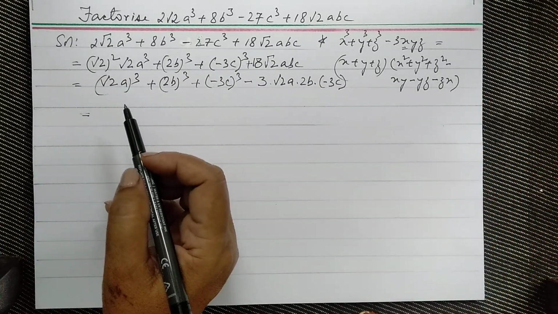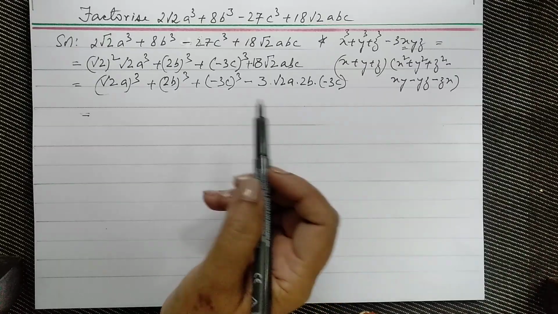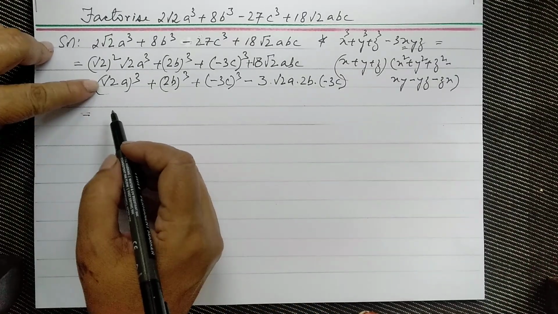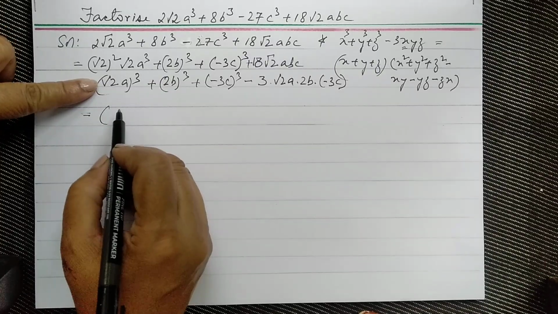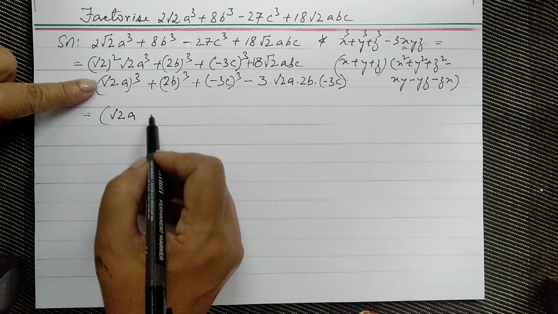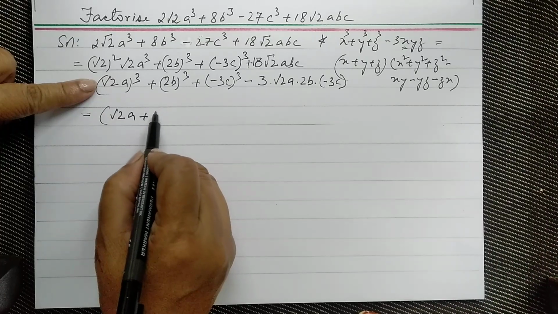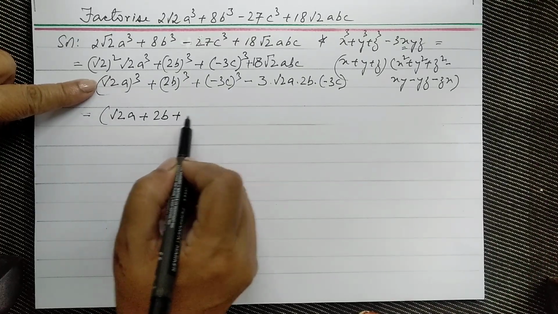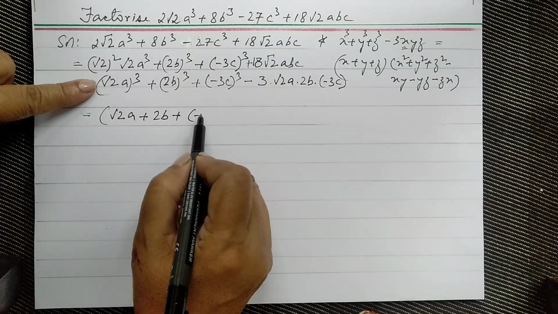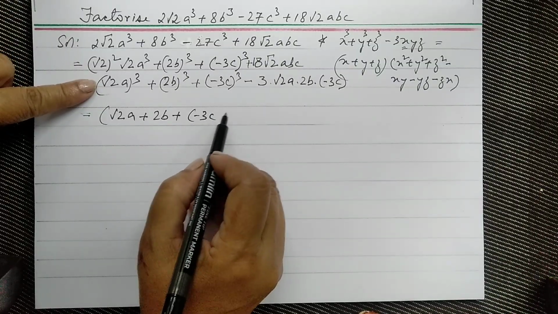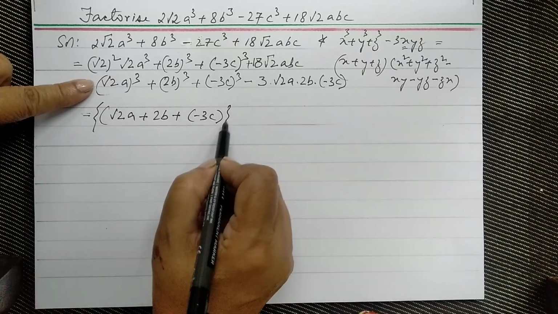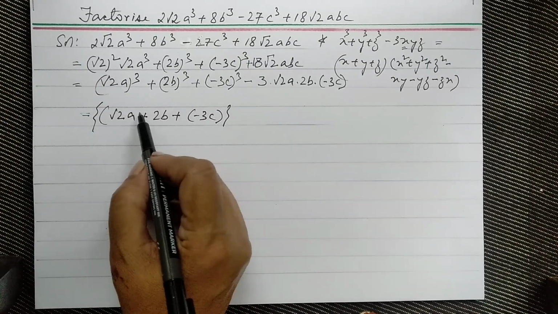Let's find out. Okay, so let's put our x plus y plus z first. So we have root 2a plus 2b plus, in bracket, minus 3c, isn't it? So let me give a curly bracket over here.